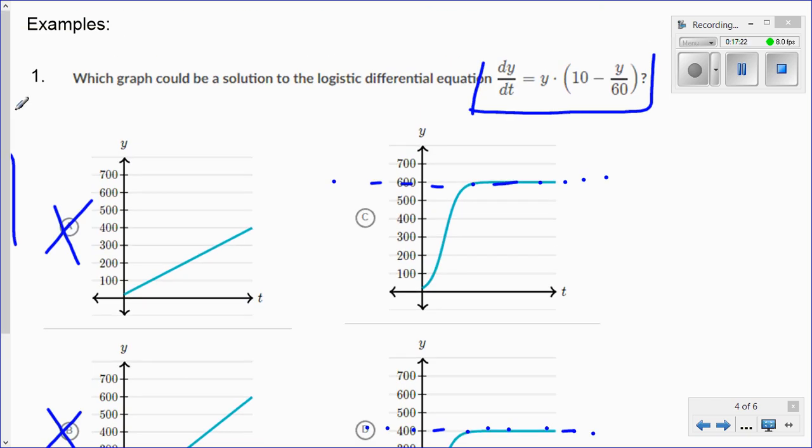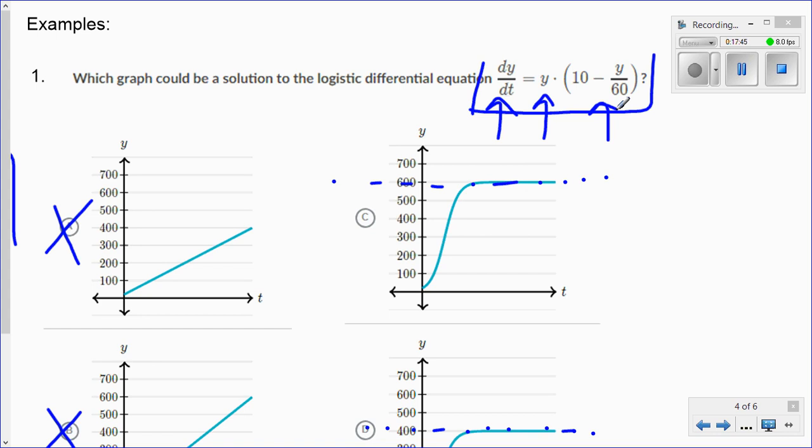Well, remember that the rate of the population over time is approaching 0. So that can only happen when either y equals 0 or when (10 minus y) divided by 60 equals 0.